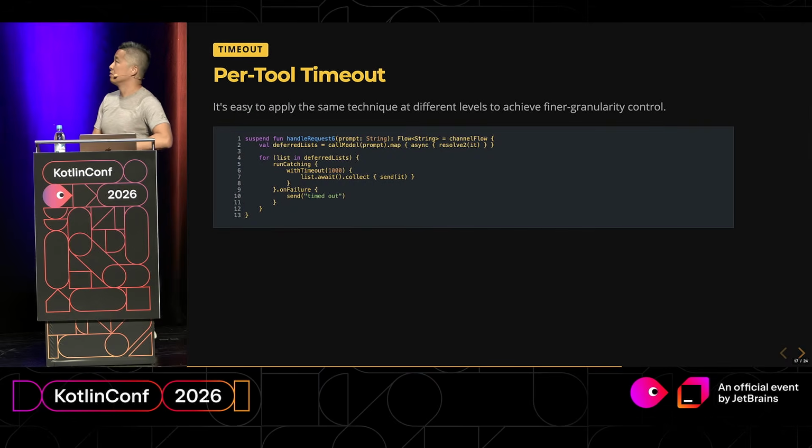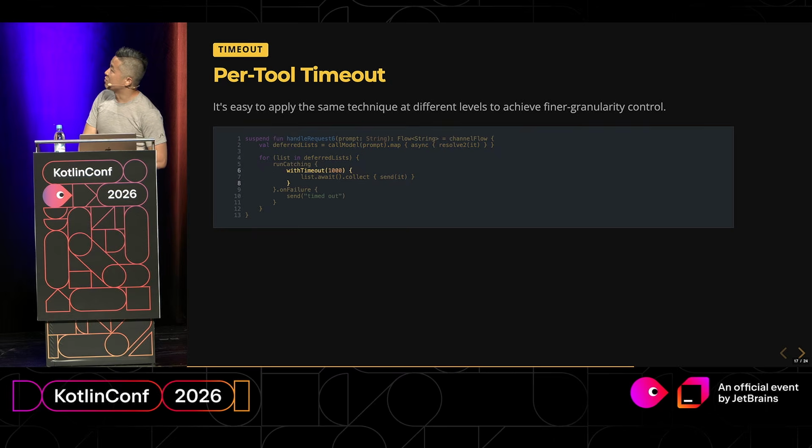So you want finer granularity control of the timeout. That's still easy to do. And when you do that, you find you are repeating the same pattern, just at a different level. That's the beauty of the Kotlin approach. So here, we still have the original approach. You can see a deferred list. This is still having the bug, but in the threads.